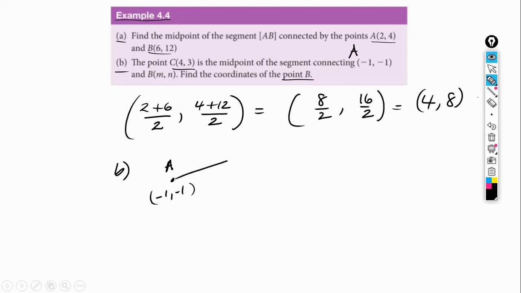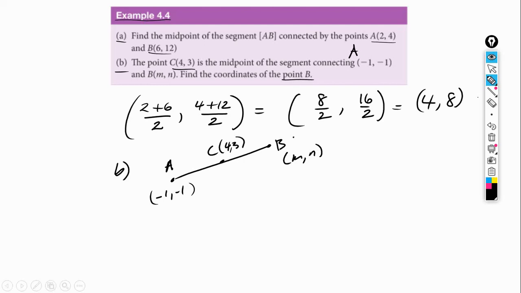And then they say that B has coordinates M, N. So B would have coordinates M, N. And then the midpoint is C, 4, 3. So how do we do this?